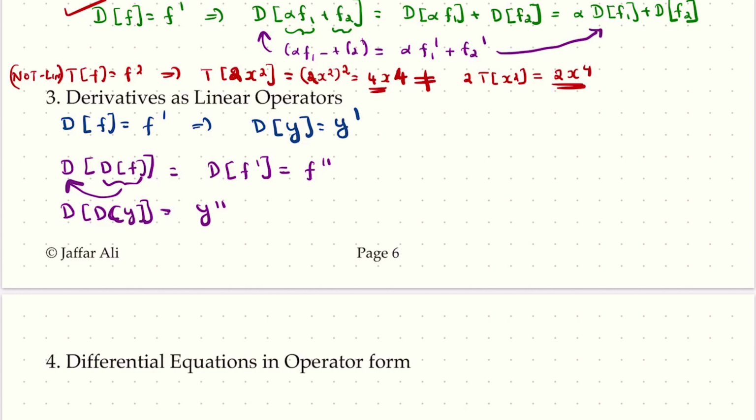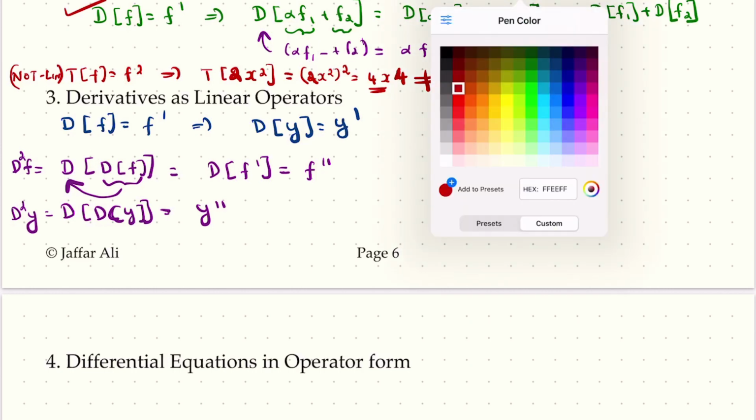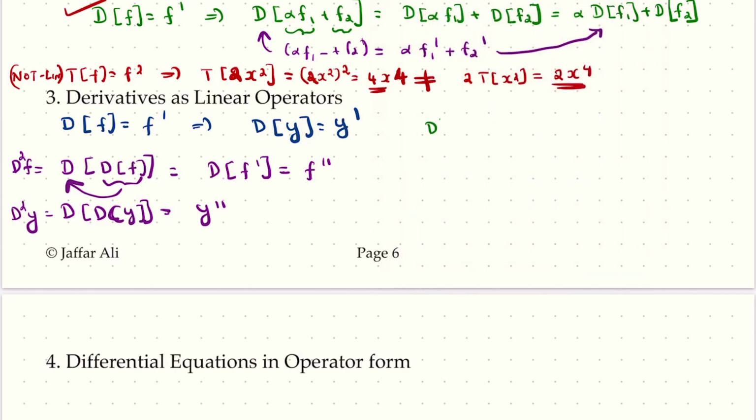Not only that, what about the D cube? By the way, in the future I'm going to say D squared f, or D squared y. By the same token, if I go with the D cube, what do I mean by that?